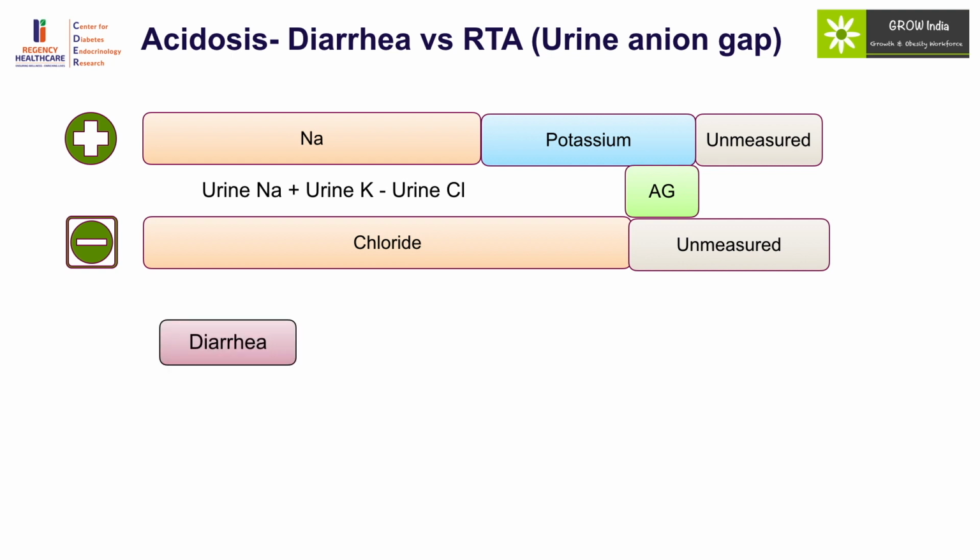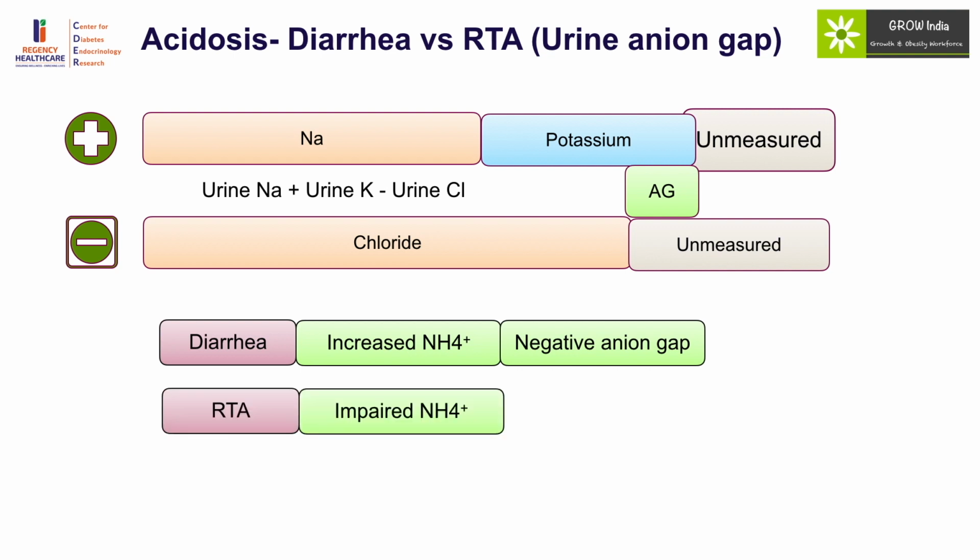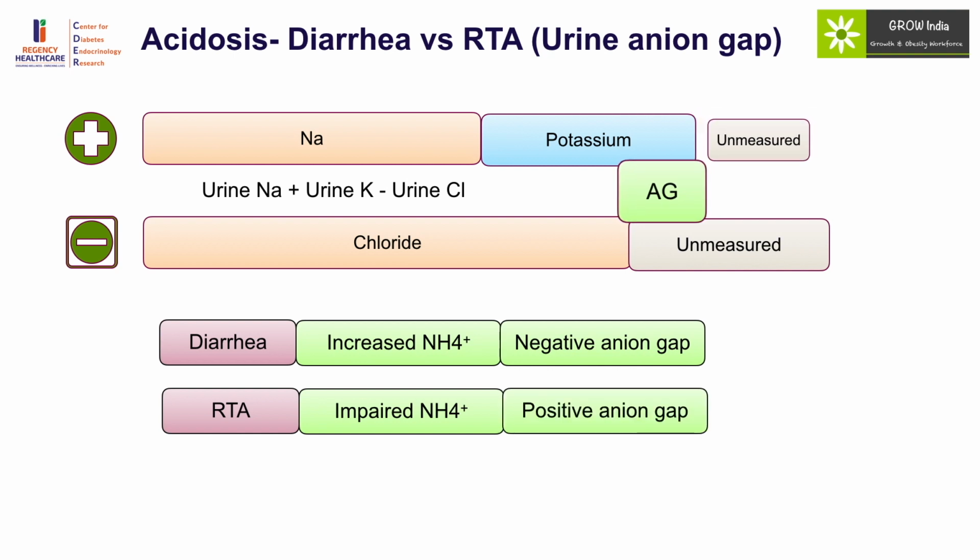So in a normal situation like diarrhea, when there is metabolic acidosis, ammonium production is increased. Therefore, the unmeasured positive ion is increased, resulting in a negative anion gap. While in the setting of renal tubular acidosis, there is impaired ammonium production, resulting in decreased unmeasured cation and a positive anion gap. So in a child with hypokalemia and acidosis, a positive anion gap in the urine is suggestive of renal tubular acidosis, while a negative urinary anion gap is suggestive of diarrhea.